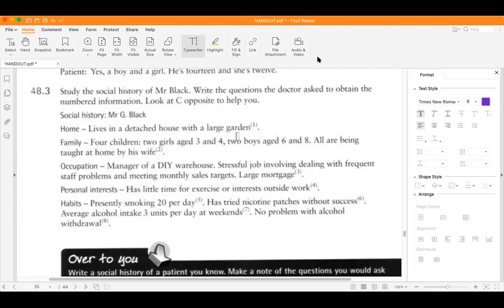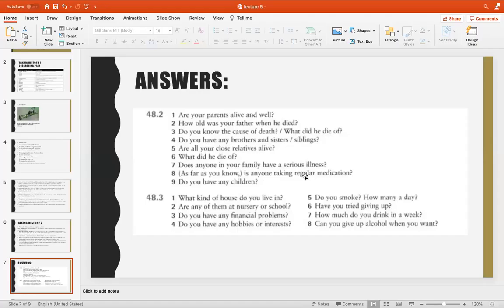So from the information that the doctor got, he can detect that this person suffers from a stressful life and he is a smoker. All right. So what are the questions that can be asked in order to have these answers? We have, for example, what kind of house do you live in? Are any of them at nursery or school? About his children. Do you have any financial problems? Do you have any hobbies or interests?